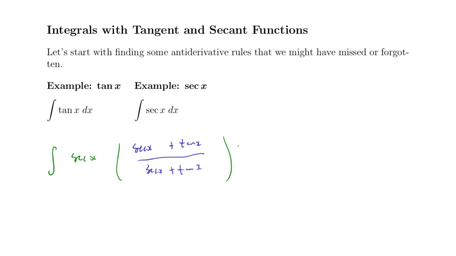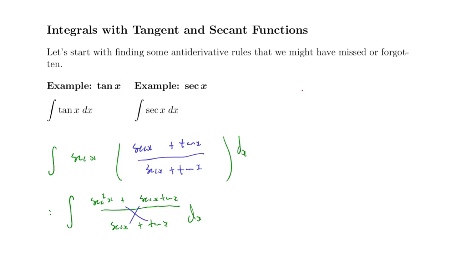There we go. If I do that, when I multiply that on top, I'm going to get a secant squared plus secant of x tangent x. And on the bottom, I have a secant of x plus tangent x. And what you might notice is that conveniently we have this nice pairing, where if we picked the tangent function to be some function, then the derivative of that is secant squared. And secant's derivative is secant tangent.